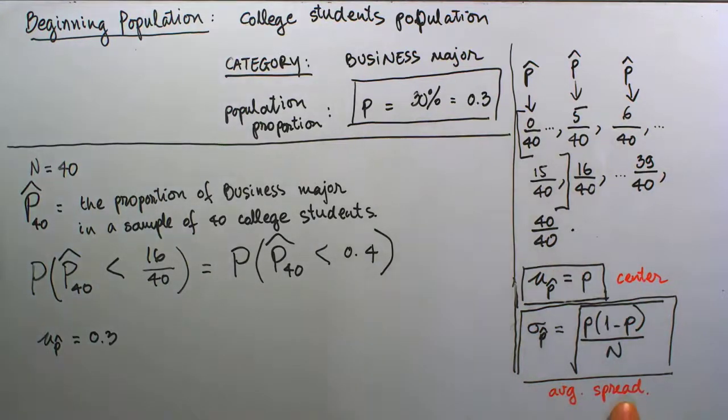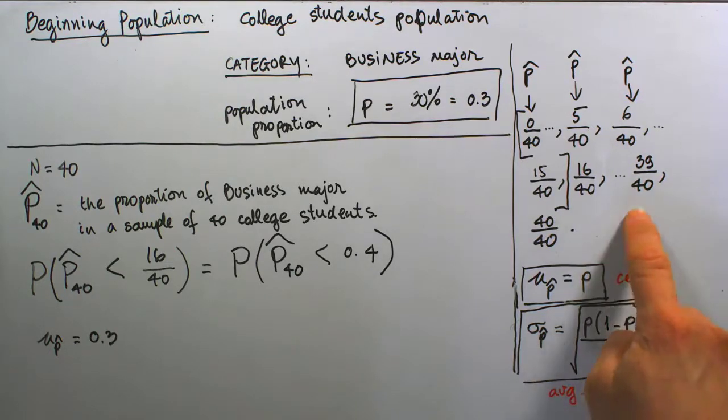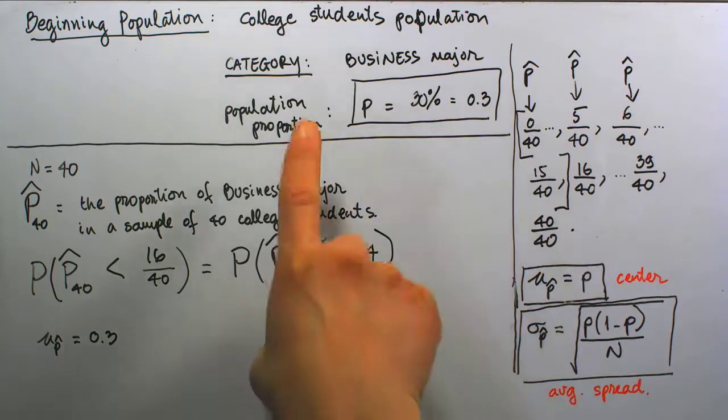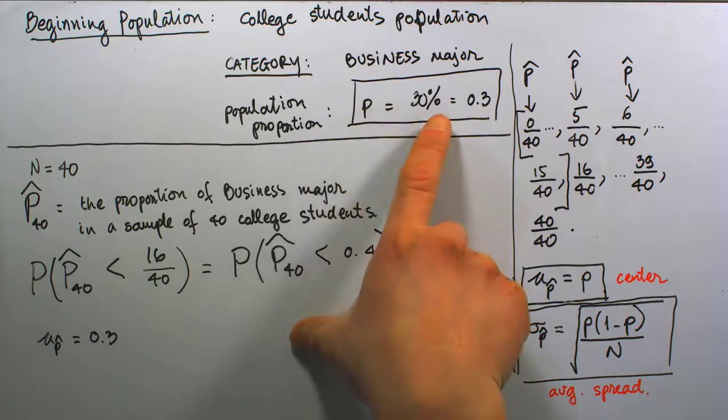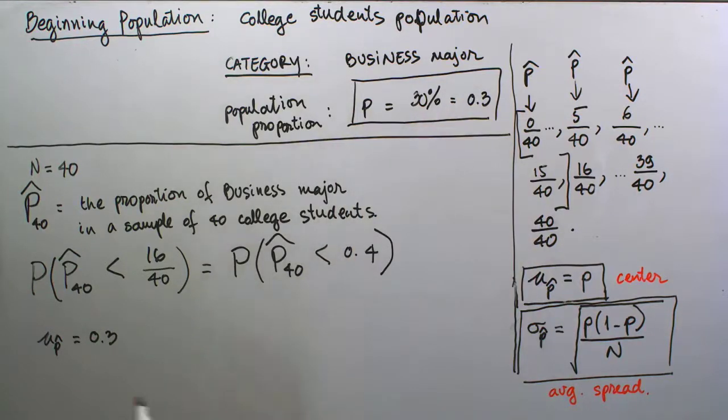With this formula that we've learned to quickly and easily calculate the average spread on this population, since we already knew our beginning population had a population proportion of 30% or 0.3, sigma p hat for this population of sample proportions will equal whichever value comes out from the following calculation.